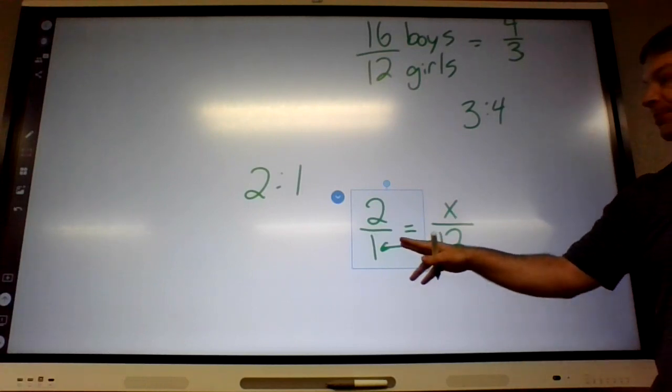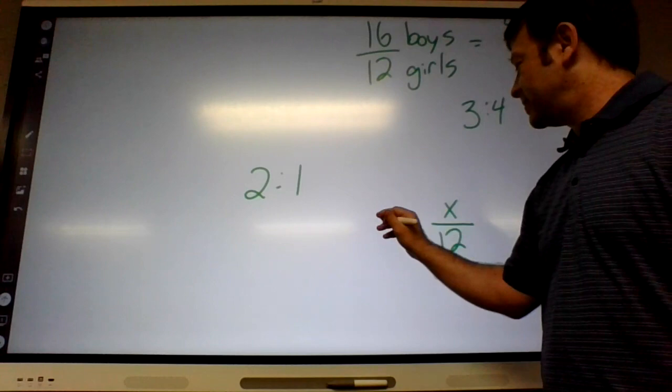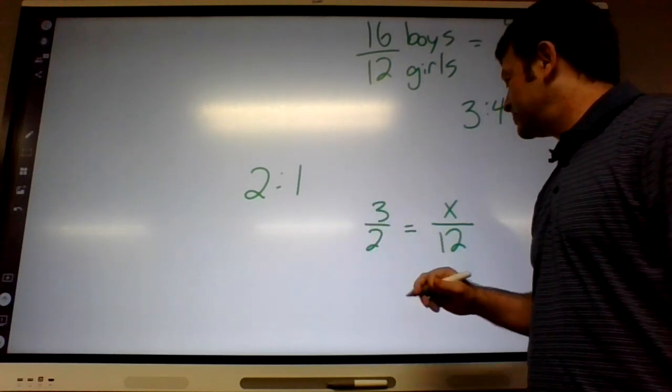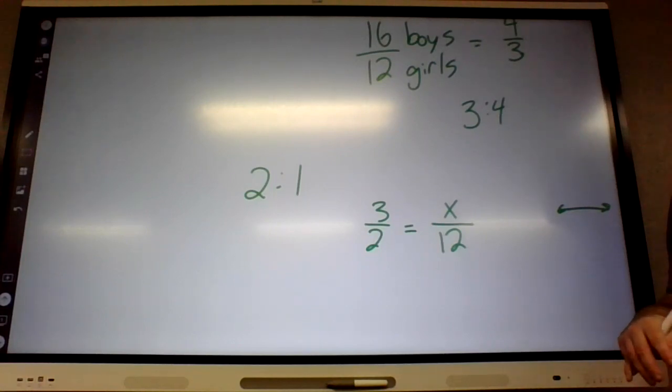But what if it's really kind of tricky, like 3 to 2? How do we figure it out? How many times did it take 2 to get to 12? It'd be 6, so 3 times 6. Or you could cross cancel.